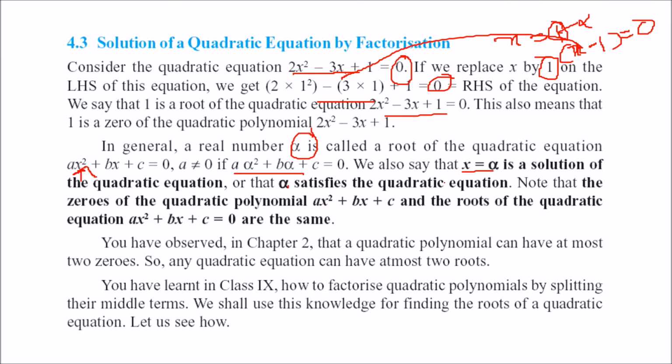Alpha is going to satisfy the quadratic equation. And you have to see that when we were discussing polynomials in chapter 2, the zeros of the polynomial are nothing but the roots of the equation. At that time I also said that we are going to shortly talk about the roots. So these are the roots here.